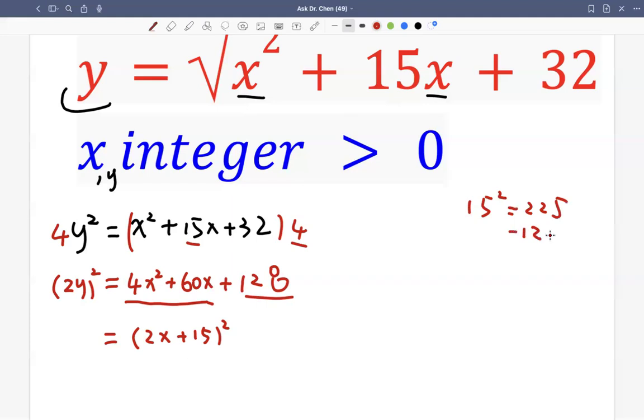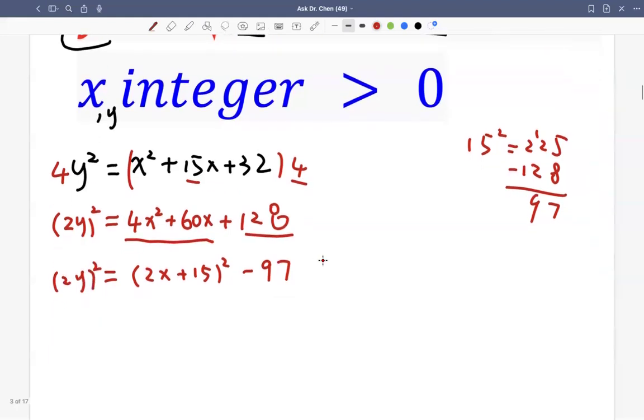So minus 97. Because here we added 225, but we only have 128, we have to offset by negative 97. So now we have 2y squared. Oh, what's the beauty about 97? 97 is a prime. We're getting closer to our goal.